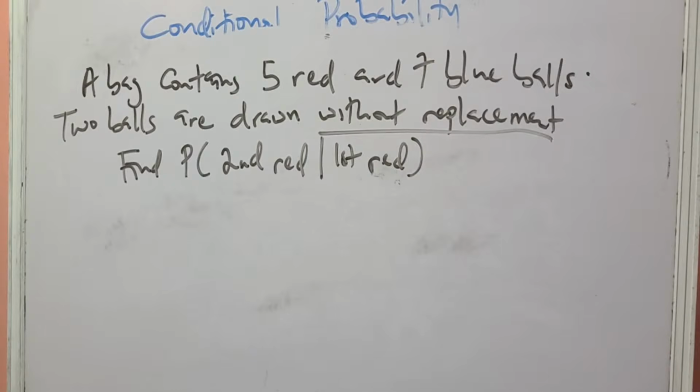A bag contains 5 red and 7 blue balls. 2 balls are drawn without replacement. Find the probability that the second is red, given that the first was red. You have to be very smart to answer these questions. You have to understand the whole general concept around conditional probability.